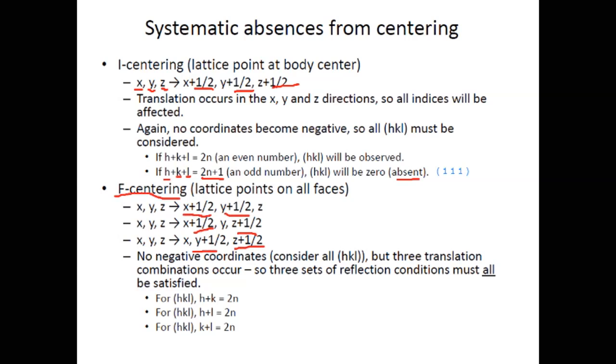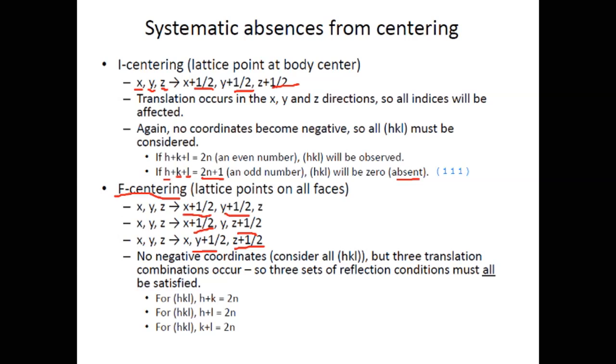So in order for something to have face centering, it has to satisfy all of the following conditions. Now these are the observed conditions here. So if the H plus K even is observed, the H plus L even is observed, and the K plus L even are observed, and the odd are absent, then it's going to be face centering.